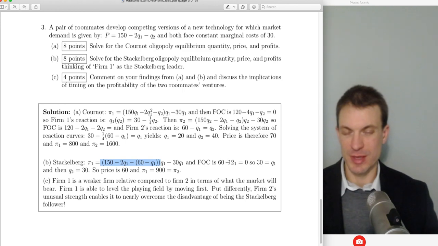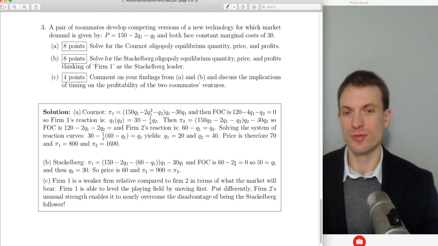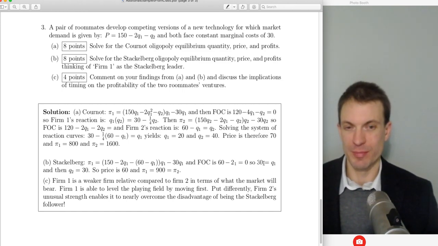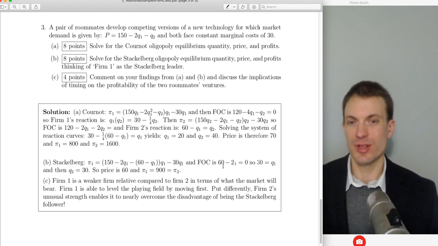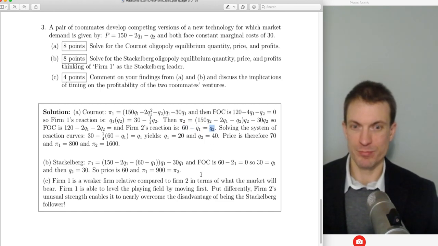So that's going to be 60 minus 2q1. And so we end up getting q1 is 30. And then q2 is going to be 60 minus 30, which is 30. All right, so price is 60, and then profits are going to be 900 for each firm.